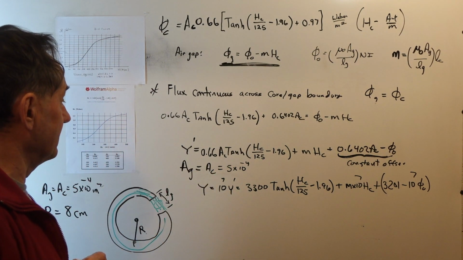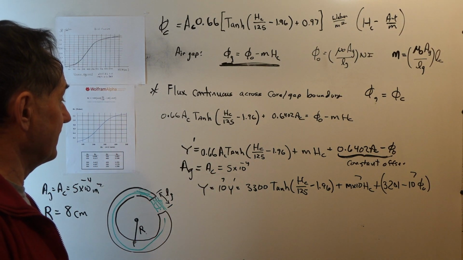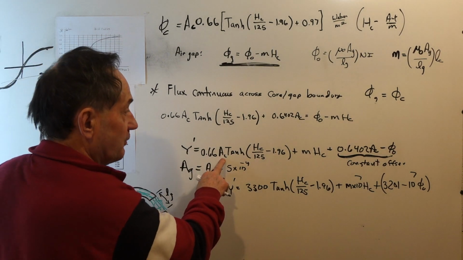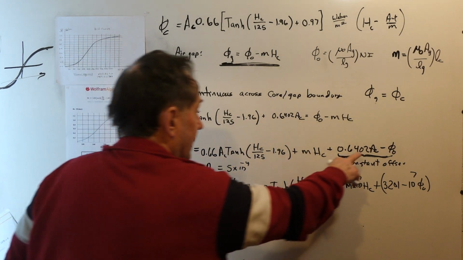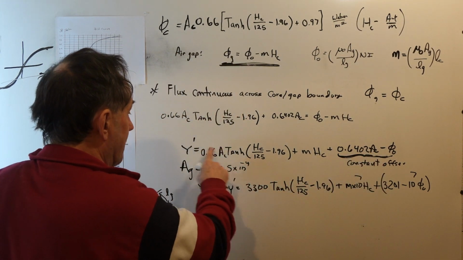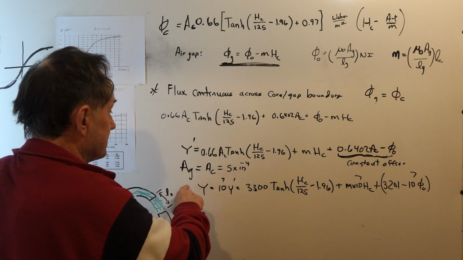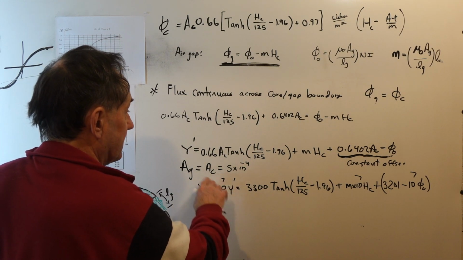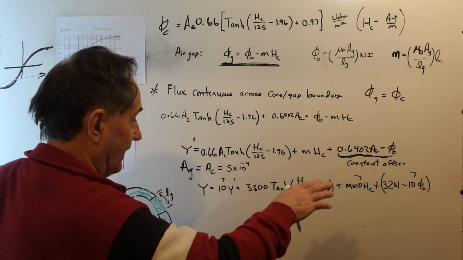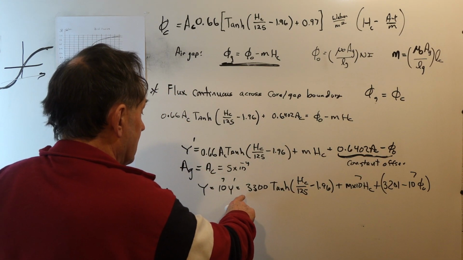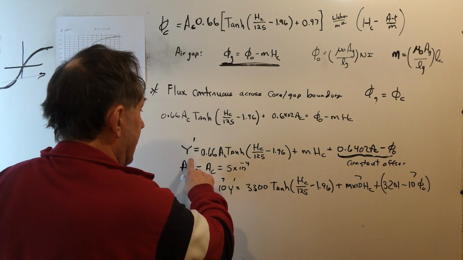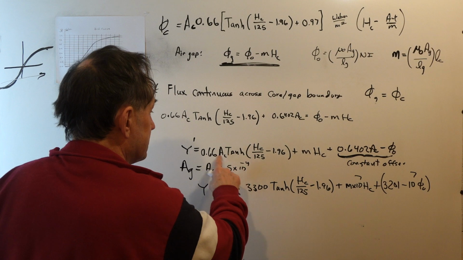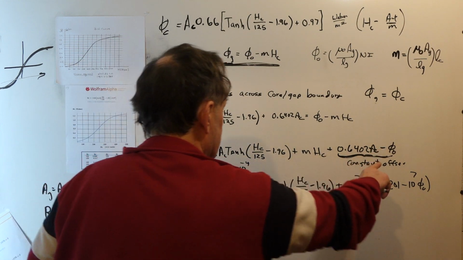Now, if I equate the gap cross-sectional area to the core cross-sectional area, which is 5 times 10 to the minus 4th, we put that in here and here, and I multiply by 10 to the 7th. So I define a new variable Y, which is y prime times 10 to the 7th. That's to get rid of a lot of the negative exponents. So this is the expression after I substitute in for the area in the core, 5 times 10 to the minus 4th, in this expression.